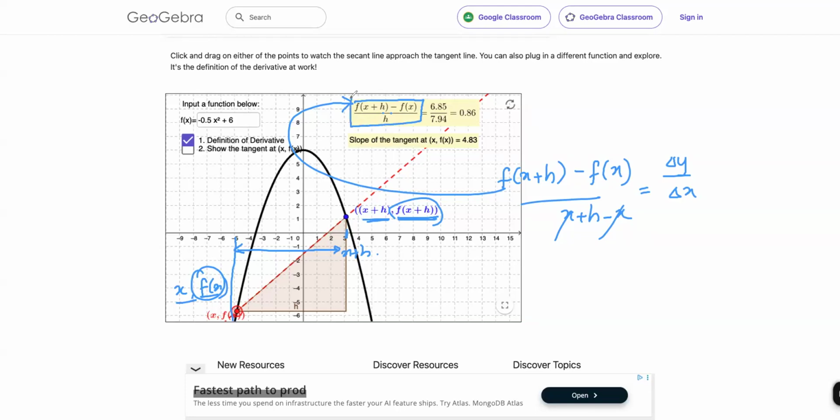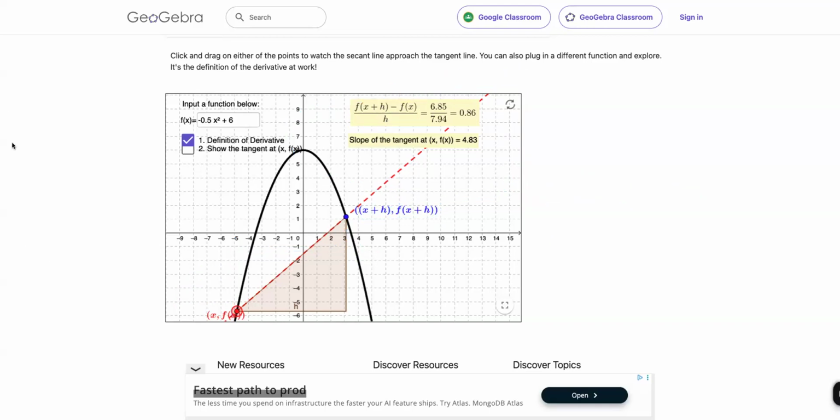Okay, now this is the slope of the secant. As we pile up, you're going to get confused. Right now everything seems easy. That is the slope of the secant, correct? Now, the slope of the secant is called the average rate of change.